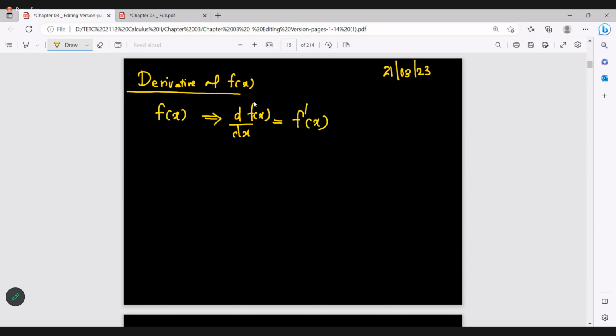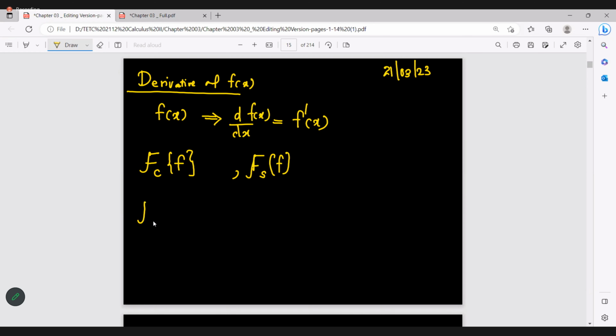Now, for this function f of x, we can find the Fourier cosine and sine transform. Here, F c represents the Fourier cosine transform of this function f, and F s represents the Fourier sine transform of this function.